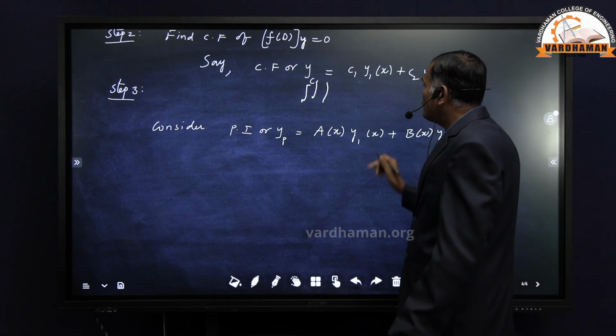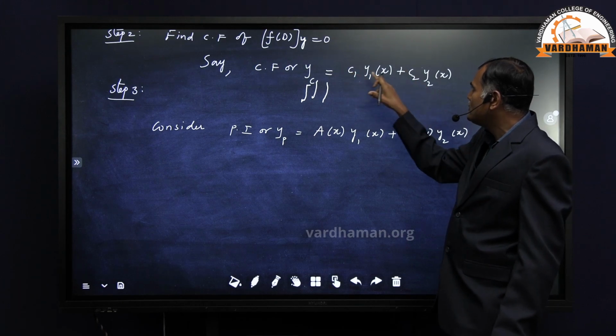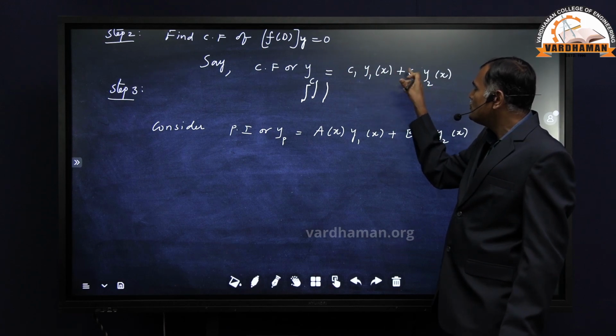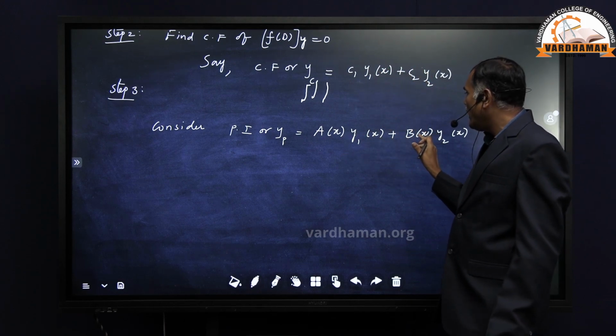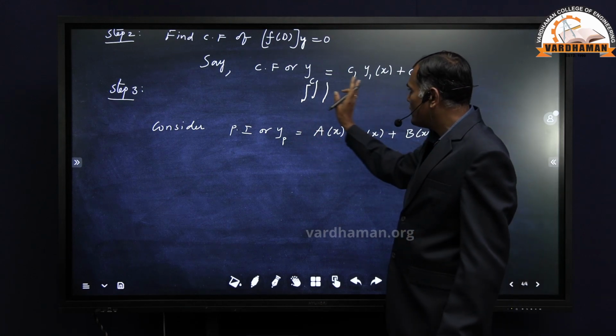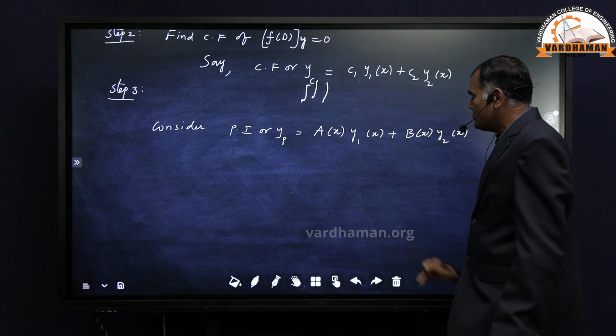Here a and b are functions of x. Here in the complementary function we are simply replacing c1 and c2 with a and b. Here c1 and c2 are arbitrary constants. We are replacing c1 and c2 with a and b. A and b are functions of x. Now this is the way to write a particular integral in this method of variation of parameters.